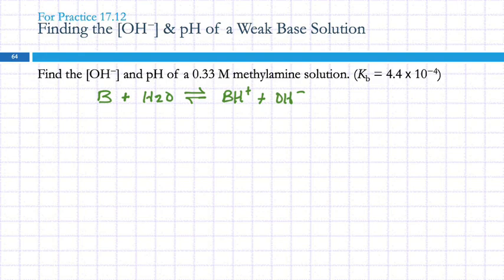And so we can make our ice table. So the initial concentration of the base is 0.33 molar. What's the initial concentration of BH plus? 0. And how about OH minus? About 0, approximately 0.